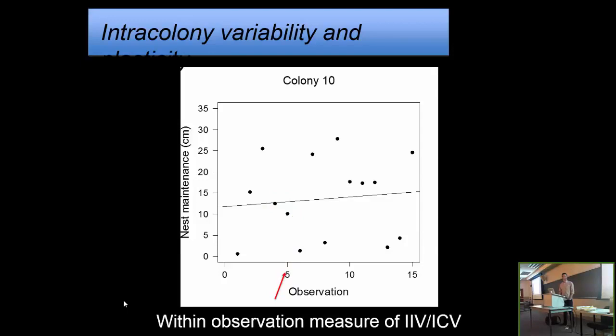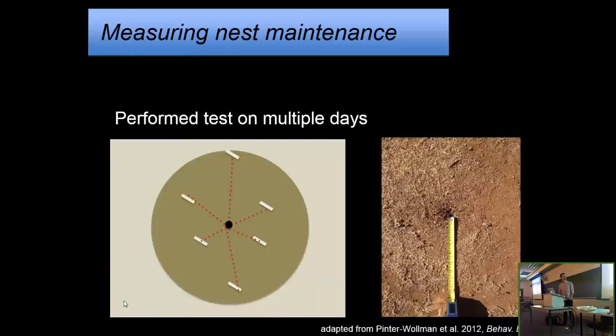We can do that with the data collection setup: we have a within-day measure of intra-colony variability. If you remember how we measured intra-colony variability, we did that on multiple days, taking the average distance moved as the nest maintenance behavior.